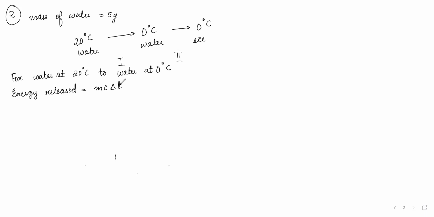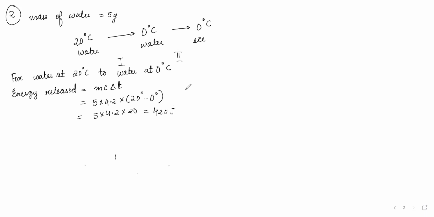The mass is 5 into 4.2 into delta T, which is 20 degrees Celsius minus 0 degrees. So 5 into 4.2 into 20, which is equal to 4.2 into 100, which will be equal to 420 joules.